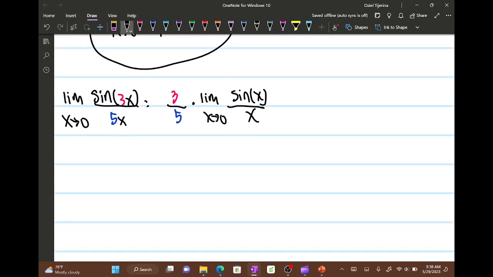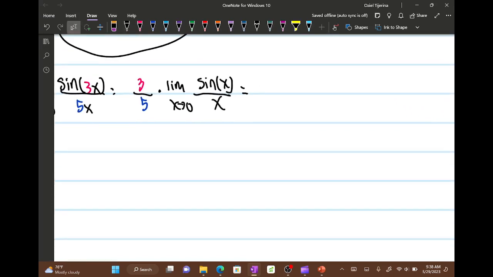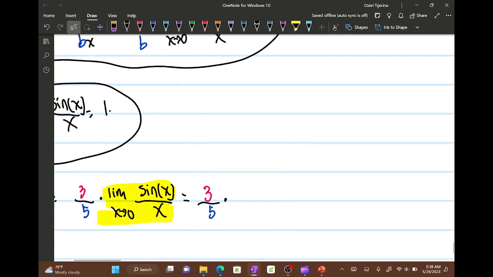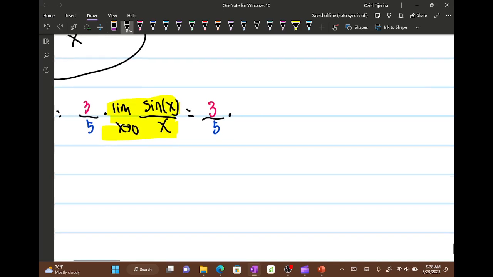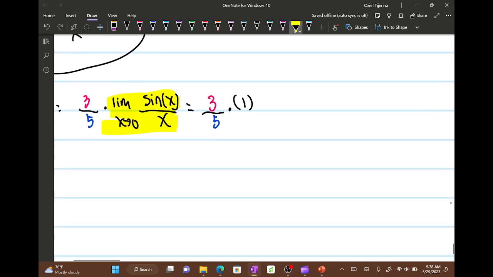So this will be equal to, first we have the 3/5, so 3/5, and then times, and this part here, like I said, the limit as x approaches 0 of sine of x over x is equal to 1. So we're just going to put a times 1 there for this part.